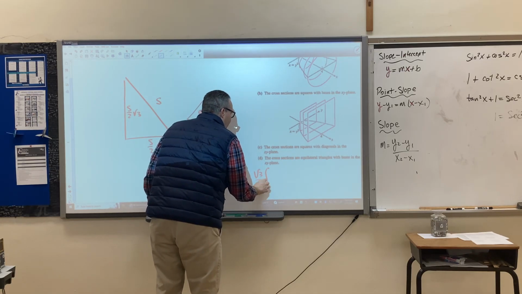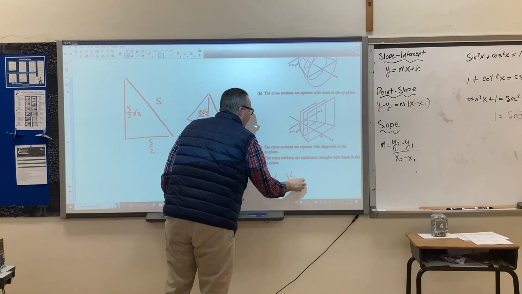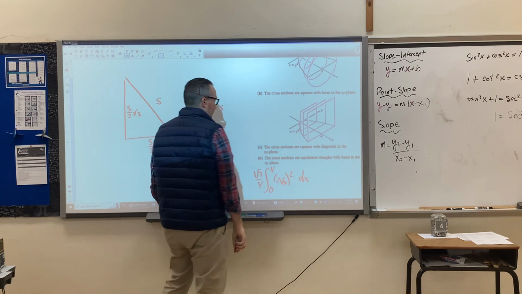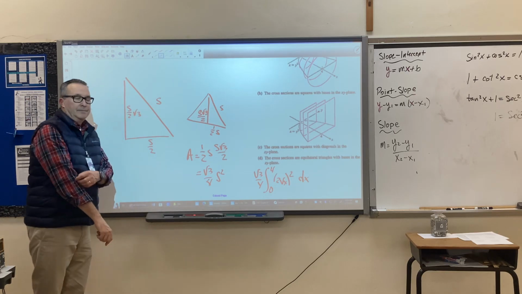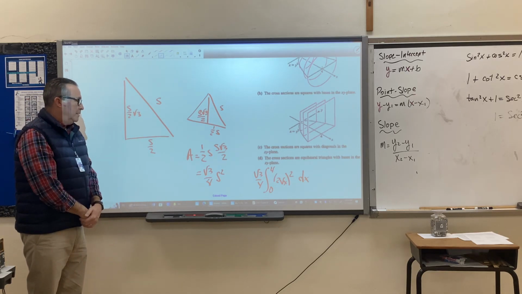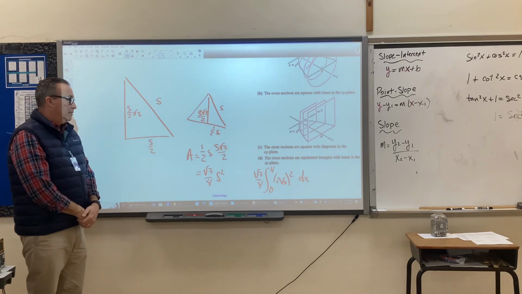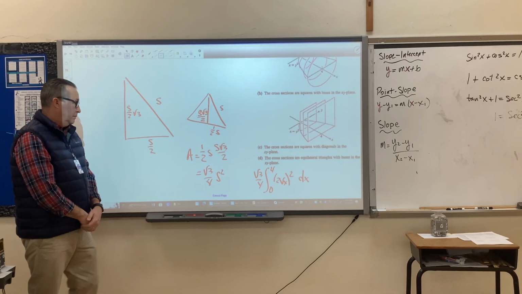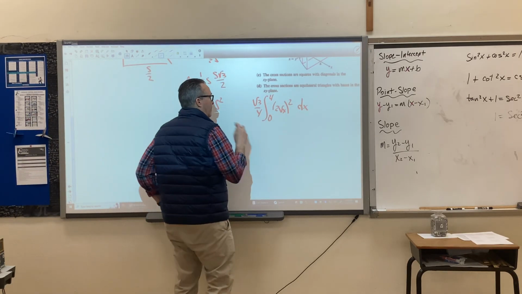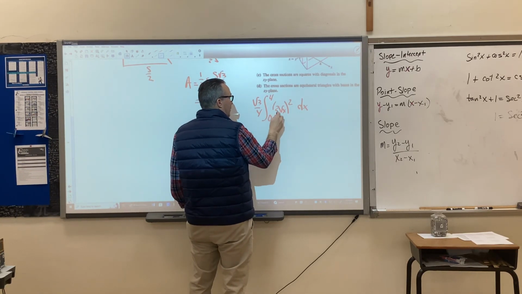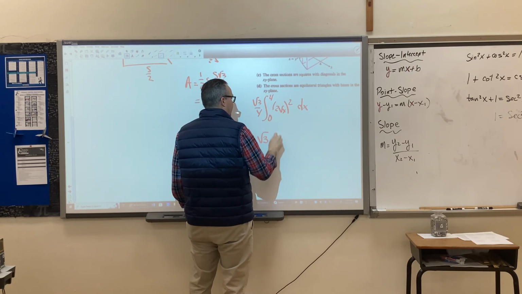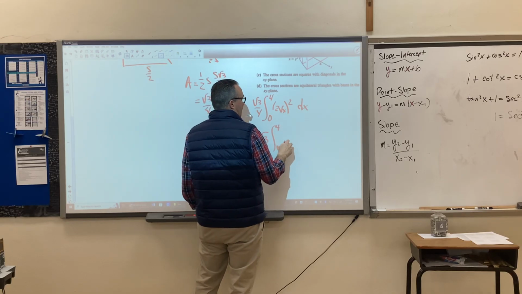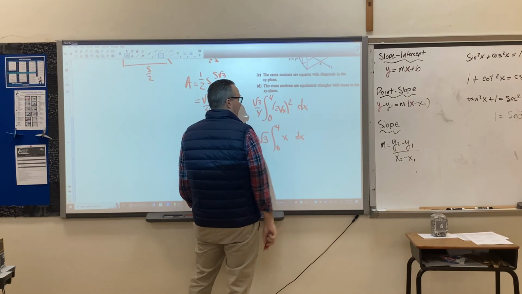Square root of 3 over 4 is a constant. Side squared dx, and the side is 2 square root of x, from 0 to 4. The 4 comes out, canceling the 4.